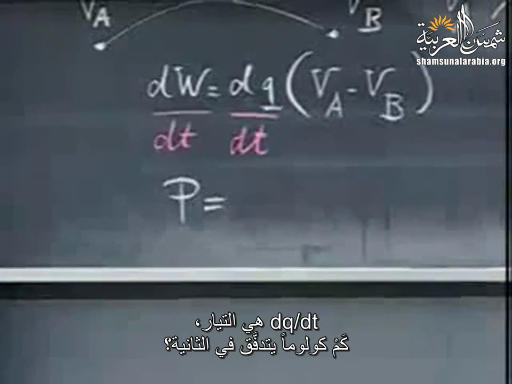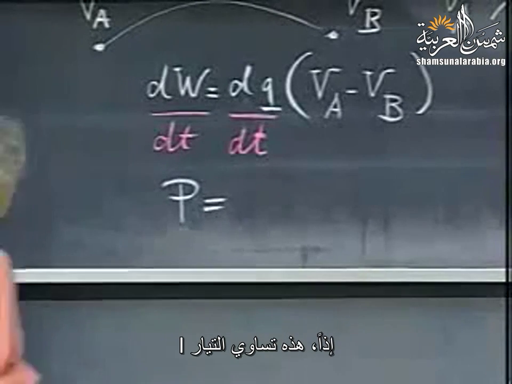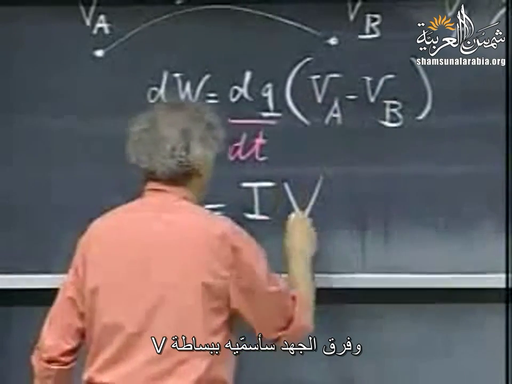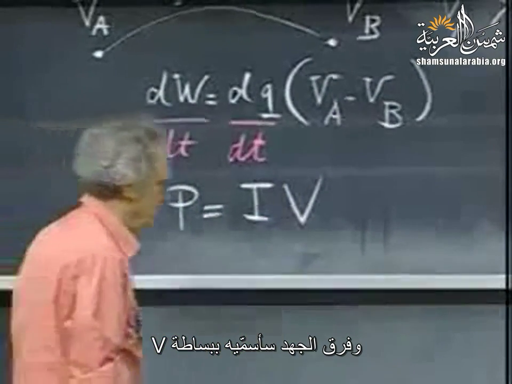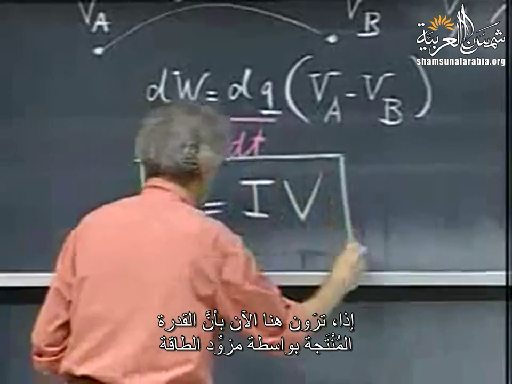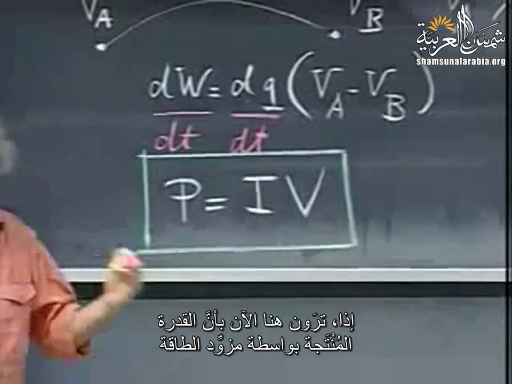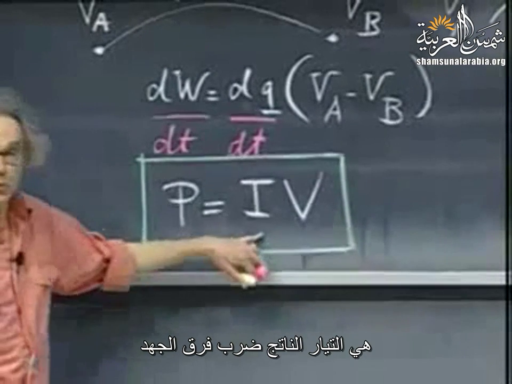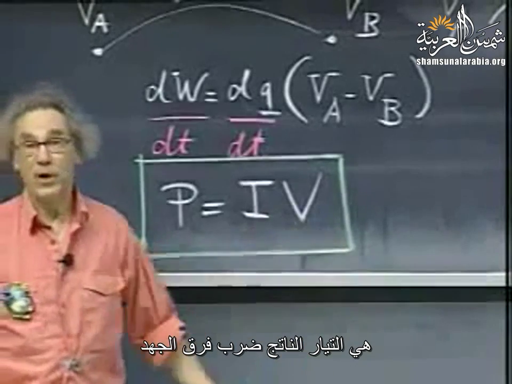How many coulombs per second flow? So this is current, I. And the potential difference I simply use that symbol V. So you see now here that the power delivered by a power supply is the current that it produces times the potential difference.